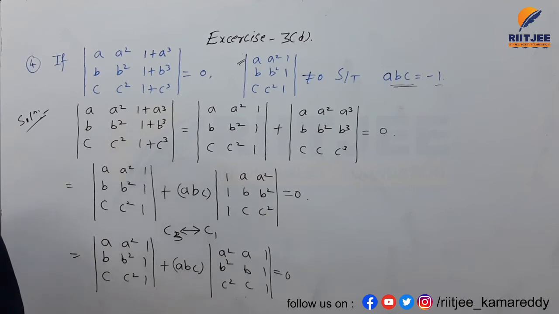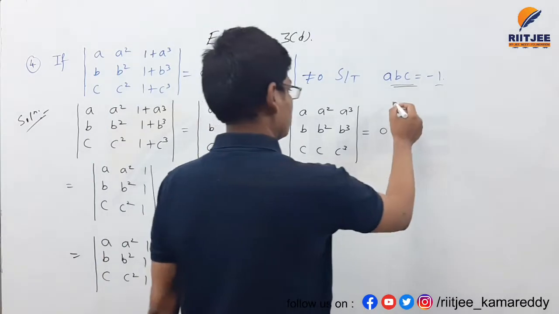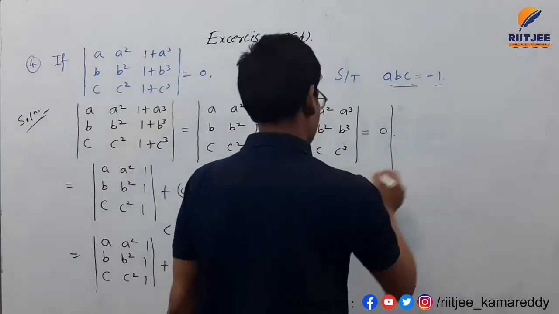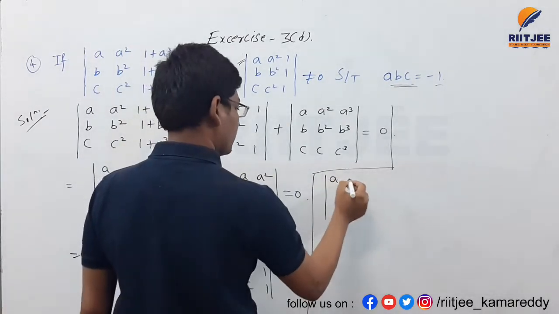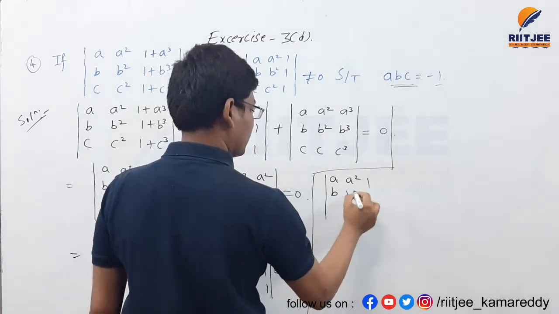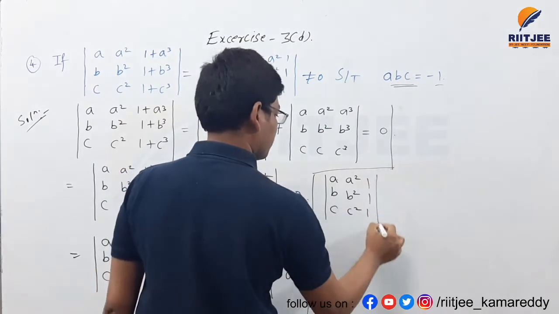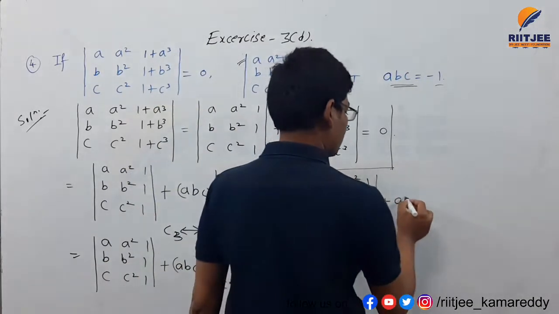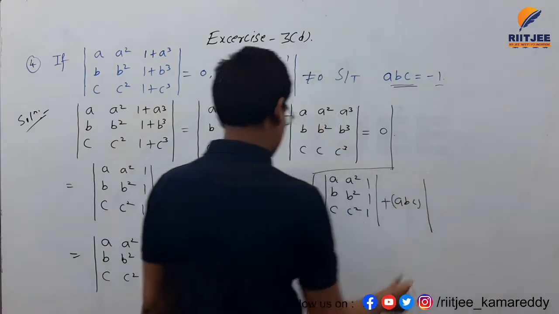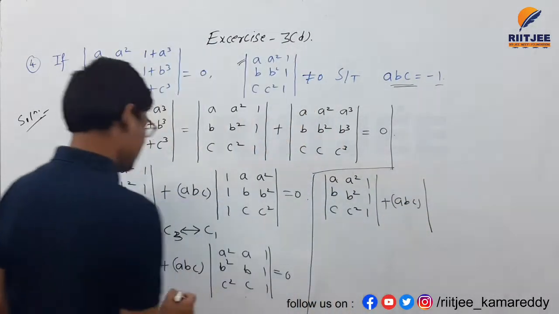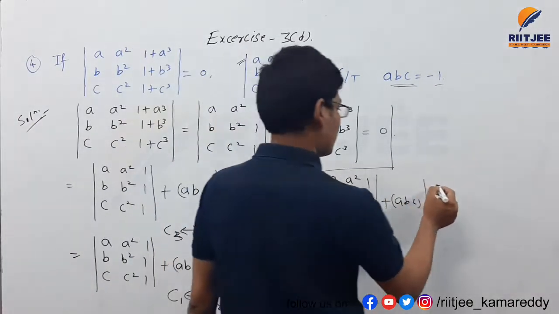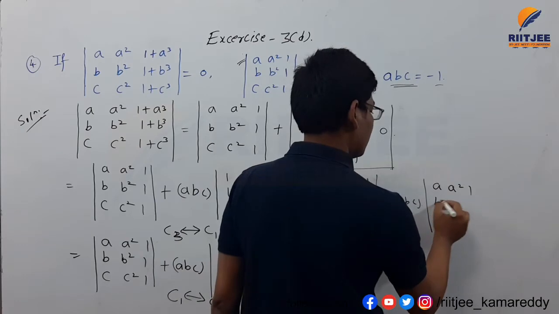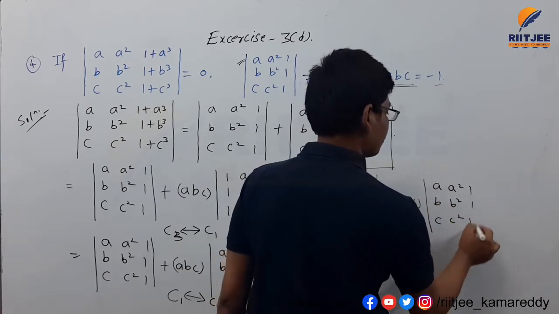If you interchange C1 and C2, what will happen here? We get the determinant |a, a², 1; b, b², 1; c, c², 1| plus abc common, and interchanging C1 and C2, that's why we are going to get |a, a², 1; b, b², 1; c, c², 1| is equal to 0.